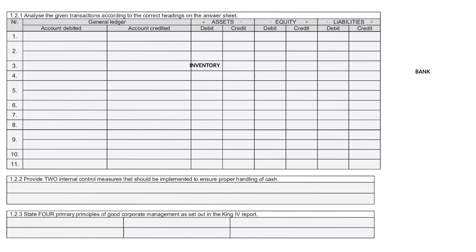So the account debited is inventory, the account credited is bank, and it will be plus R450 in the asset section, and the debits, as well as R450 under credits.